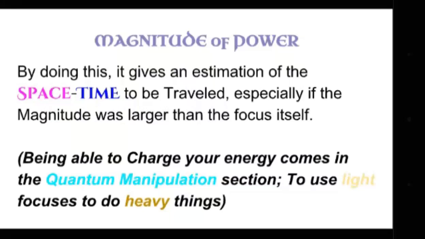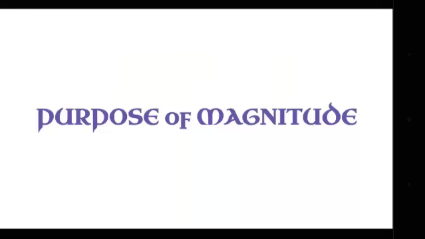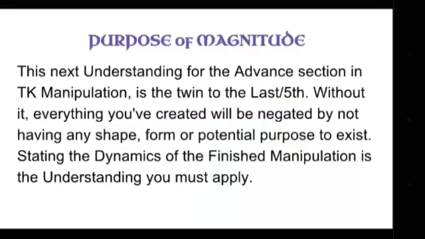So this goes into the next command, which is the purpose of the magnitude, which is the purpose of why you gathered that energy in that type of way. This next understanding for the advanced section in TK manipulation is the twin to the last, which is the fifth one. Without it, everything you've created will be negated by not having any shape, form, or potential purpose to exist.